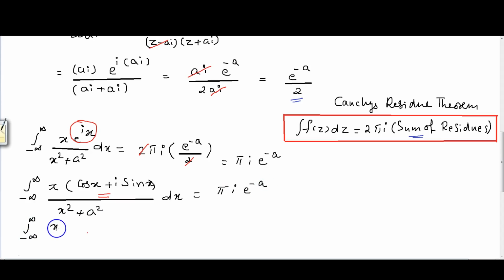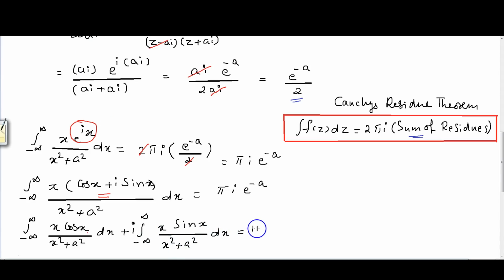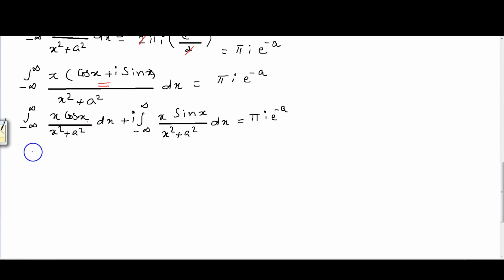The integral from minus infinity to infinity of x cos x by x square plus a square dx, plus i into the integral from minus infinity to infinity of x sin x by x square plus a square dx, is equal to pi i e raised to minus a.